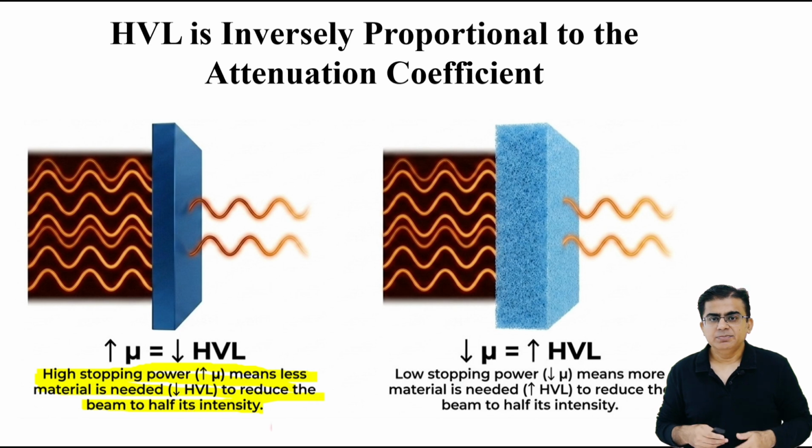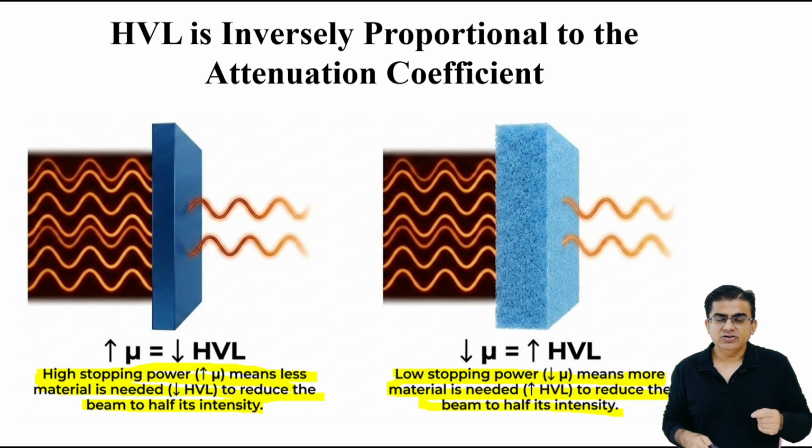Now please look at this porous sponge-like material on the right side. Can you notice this sponge-like material? This material has a very low mu and thus a very low linear attenuation coefficient and a very low stopping power. Because it is very weak at stopping X-ray photons, the beam passes through it easily.